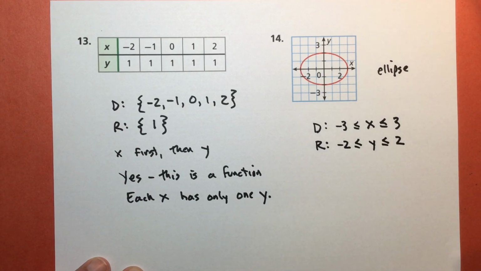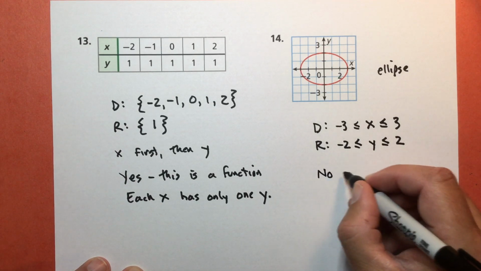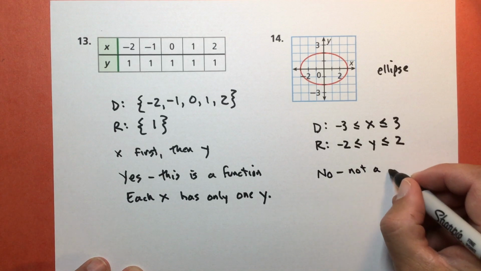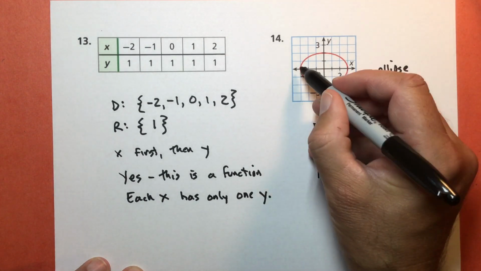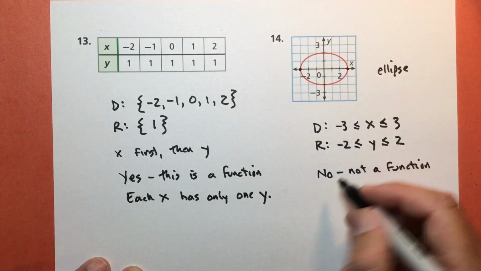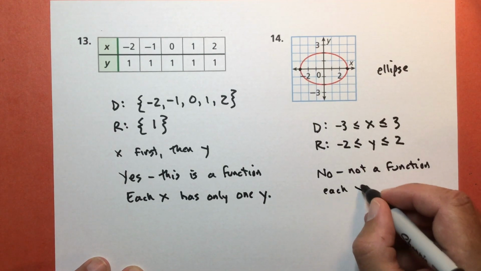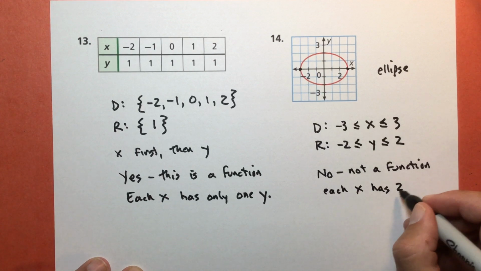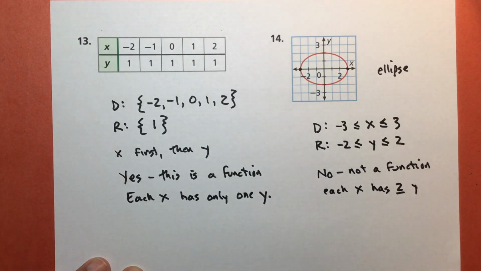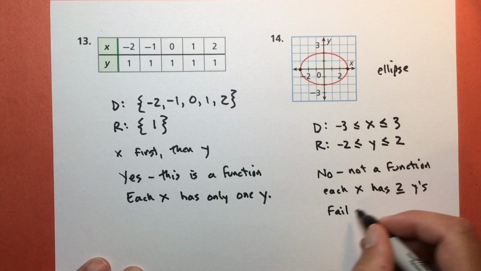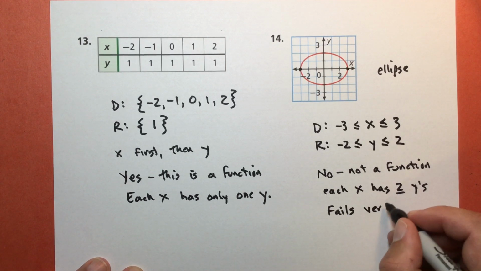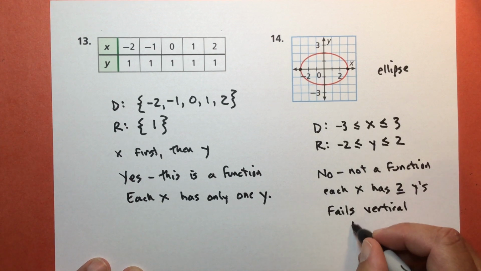Now the question is, is it a function? No, it is not a function. Except for this point and this point, each x has 2 y values. Another way you could say it is that it fails the vertical line test.